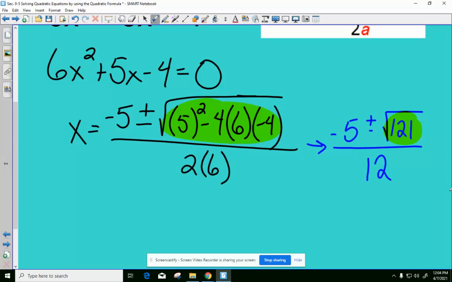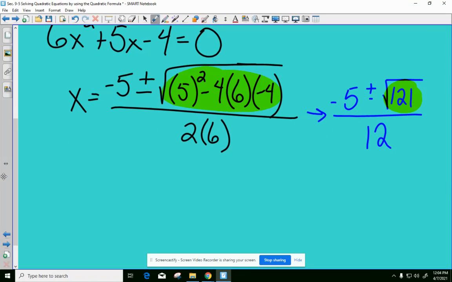Aiden? I got 11. Okay. So that's my next step, right? Because I have yet to actually apply the square root. So from here, and a lot of these steps can be combined when I get a little bit more comfortable with what I'm doing. All right.